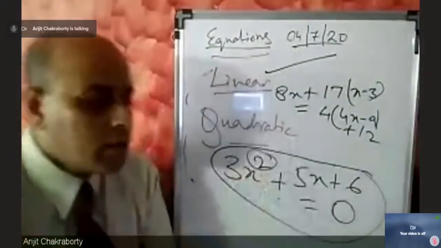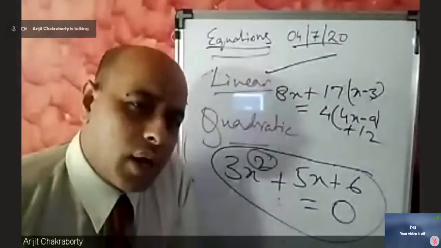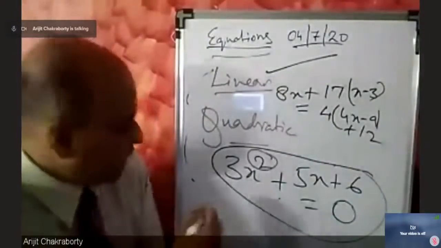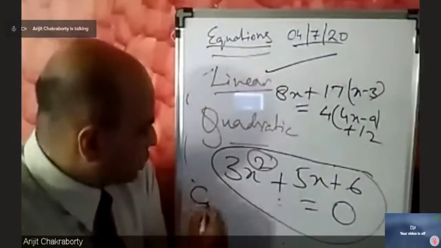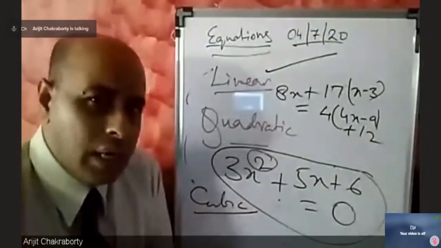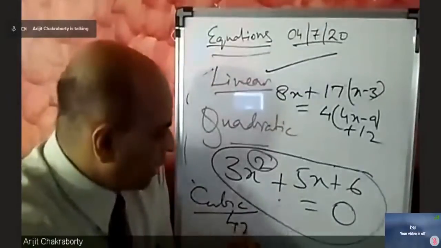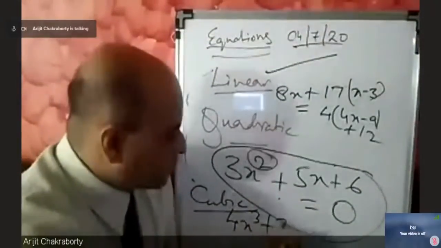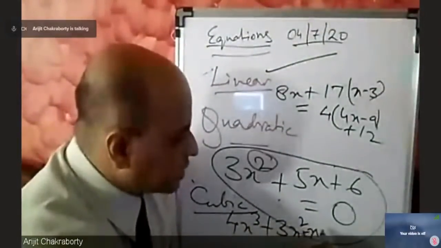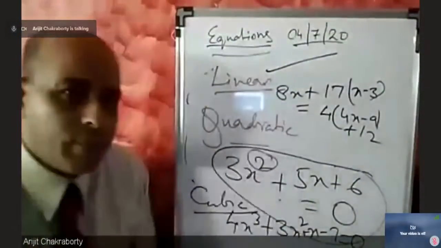And now let us see another example of equation. Cubic. So in case of a cubic equation, I am writing 4x cubed plus 3x square plus x minus 7 equal to 0.